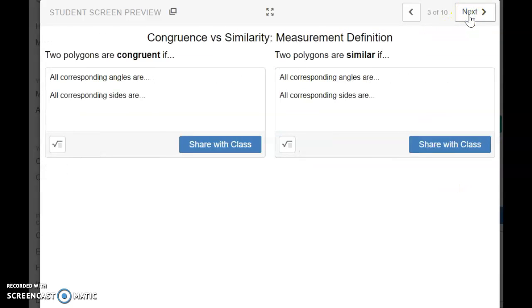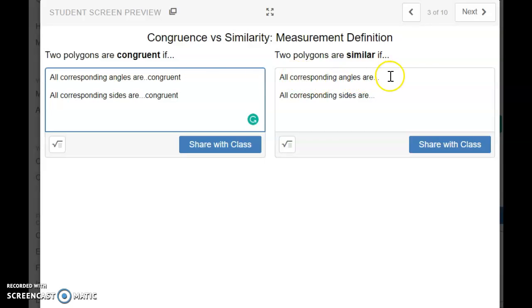Okay, and then next question card said, two polygons are congruent if all corresponding angles are what? The corresponding angles have to be congruent. And what about the corresponding sides? They also have to be congruent. Okay, what about similar triangles?